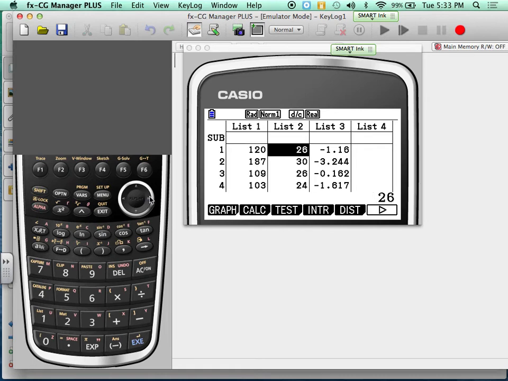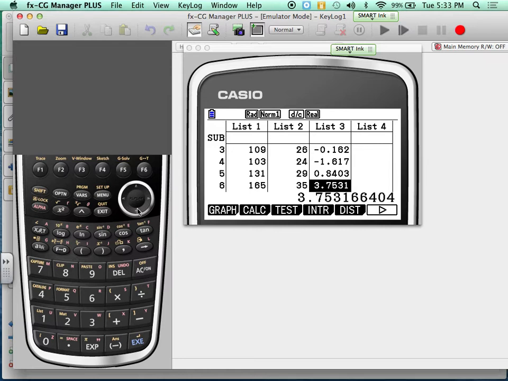And as you go over here, notice when x is 120, your residual is negative 1.16. When you go down to 187, it's negative 3.244. Now, when you go down to 165, like we were at, notice it's approximately the same residual, 3.75. So since it's positive, this coordinate point would be above the line of best fit.